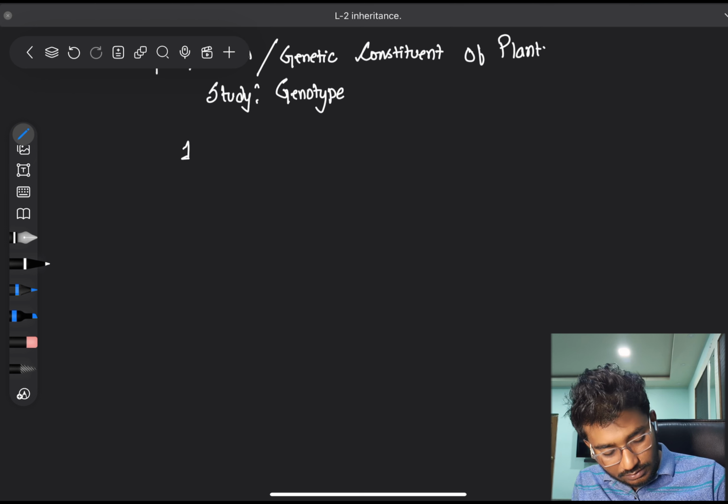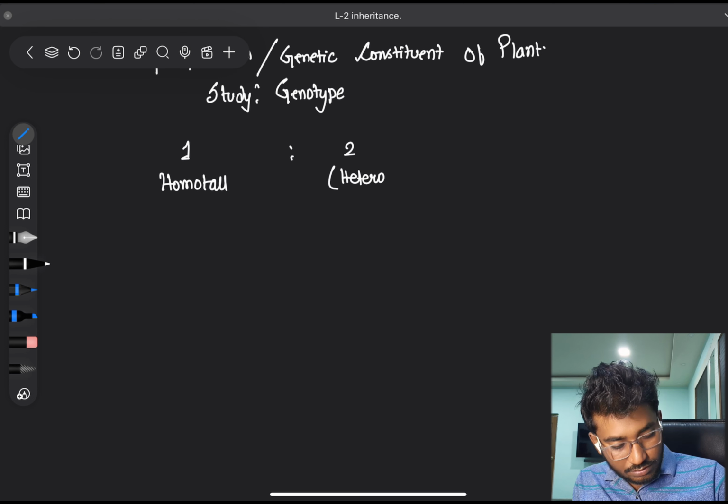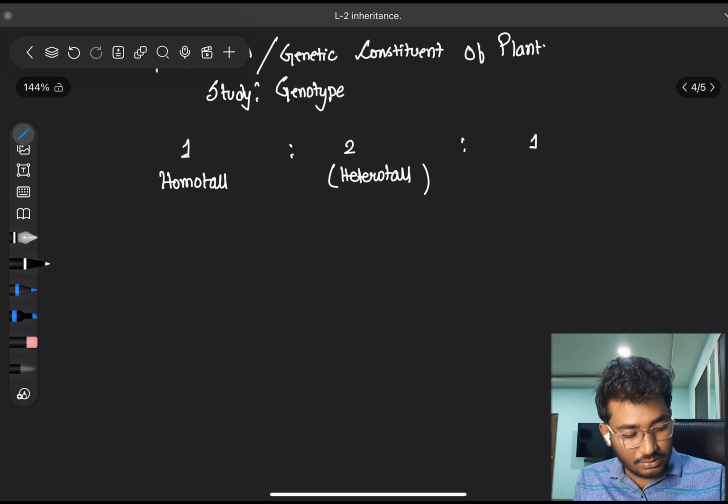One is homo tall, this is the genotype. 2 is hetero tall, and again 1 is homo dwarf.